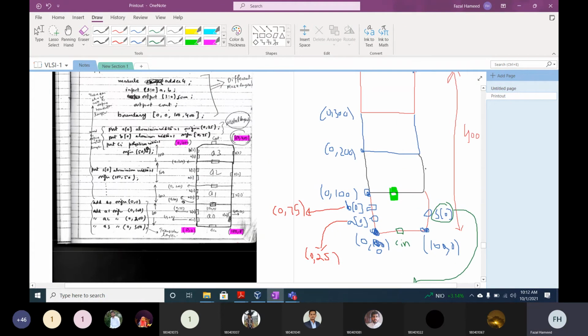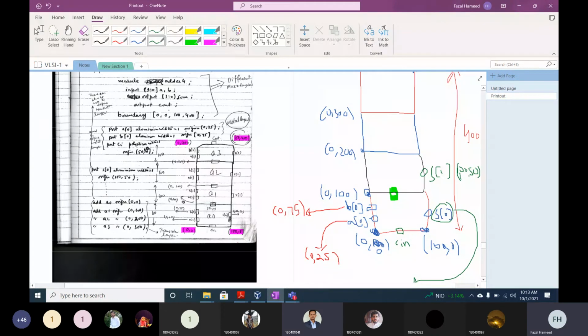And what will be this coordinate? This is S1. 100, 150. Yes. I'm asking about S1, not the carry.